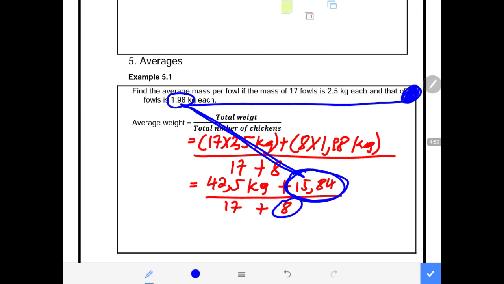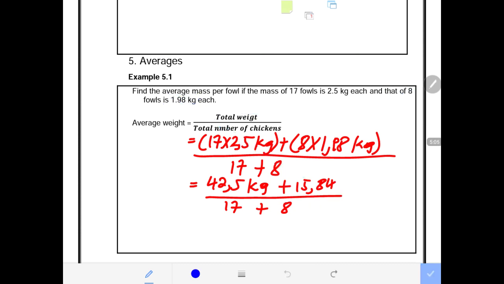So not all the time will numbers be given just like that. You might be given the total and the kgs per chicken or per fowl, then you have to look for the number of chickens that you had. So please be mindful of that.